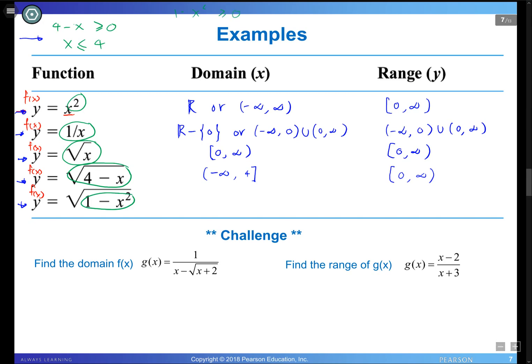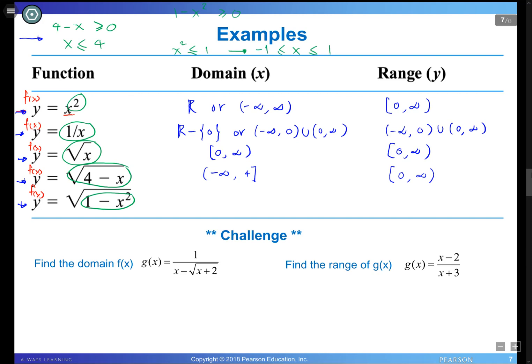Right, non-negative. So move things around. We have x squared less than or equal to 1, and this leads to x having to be in between 1 and minus 1, and there you go.